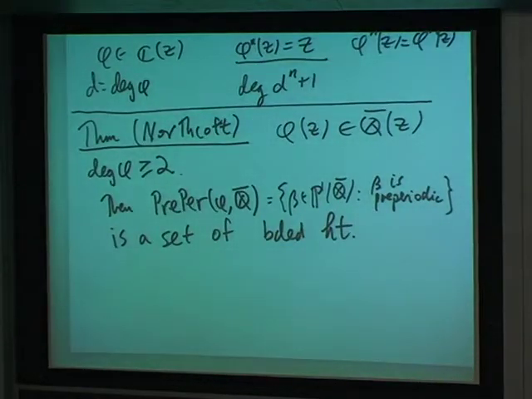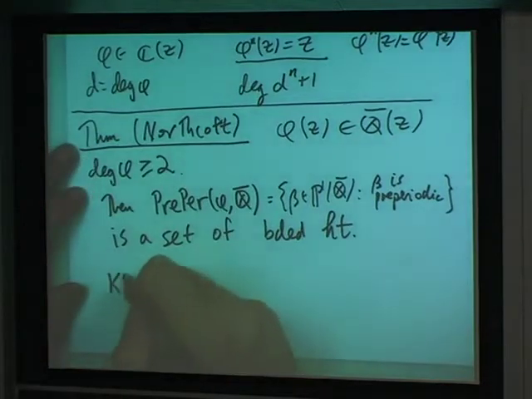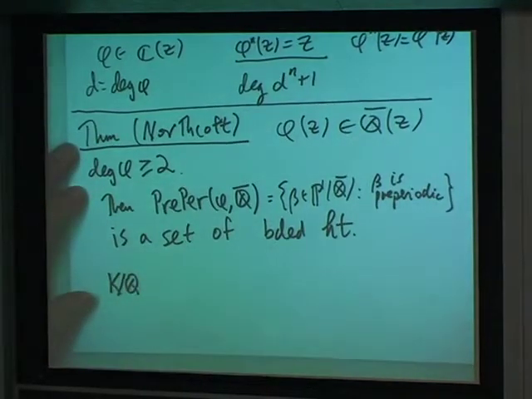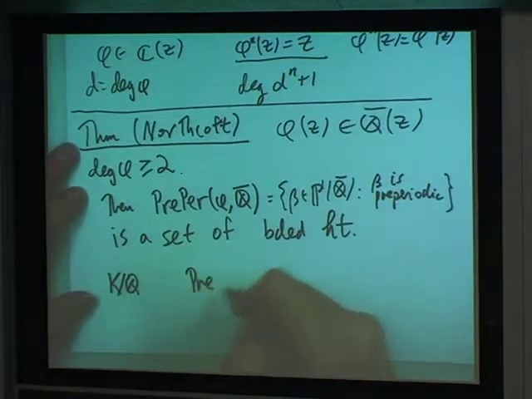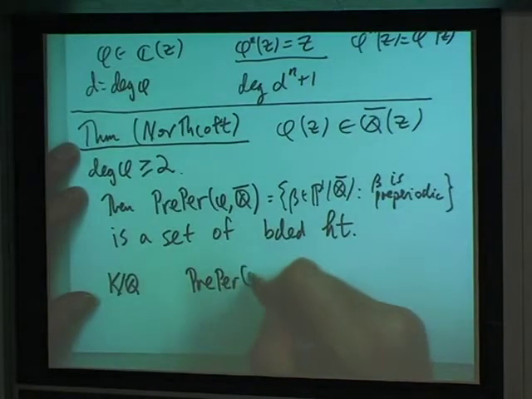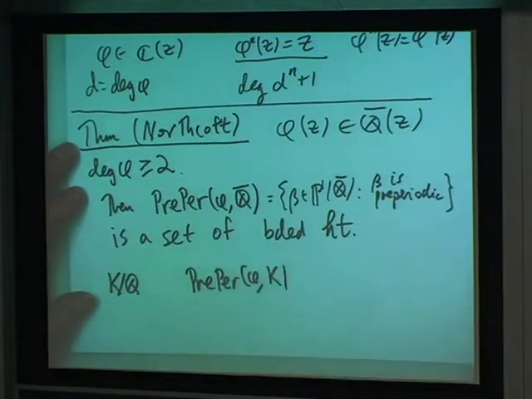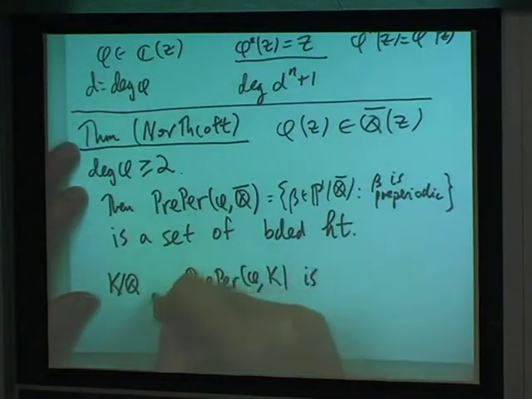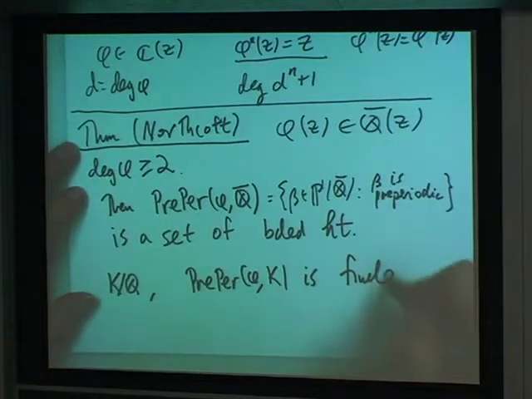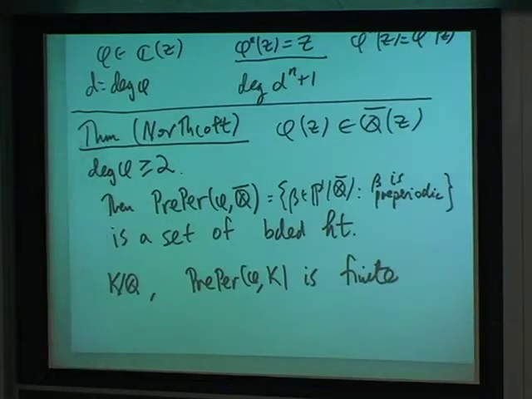That's a very strong statement. In particular, it means if you take a number field k, then the set of pre-periodic points in P1 of k is finite, because there are only finitely many numbers of bounded height in any particular number field.